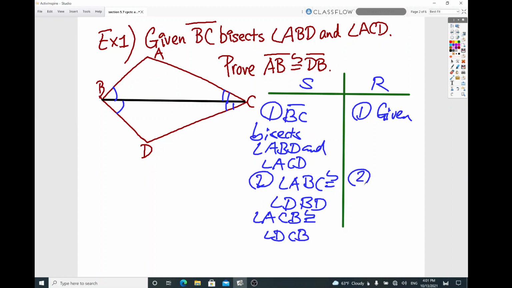The reason for this is the definition of angle bisector.